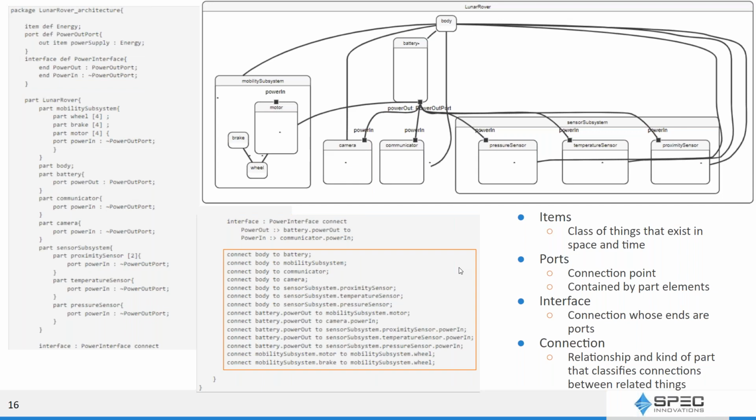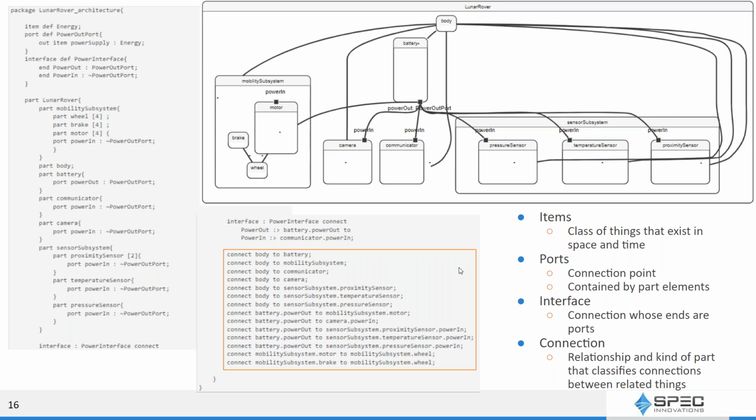Okay, so the next concept on this slide is connection. There are two types. Connections are relationships and a kind of part that classifies connections between related things. For the internal block diagram concept and to be able to show the interconnections, you have to connect each one individually.